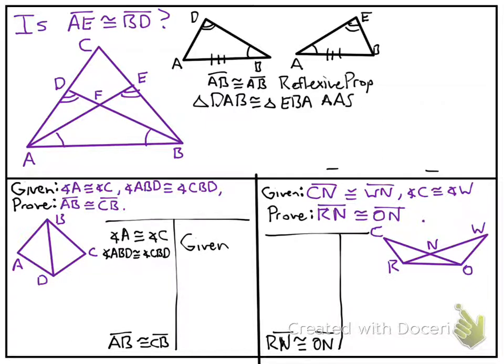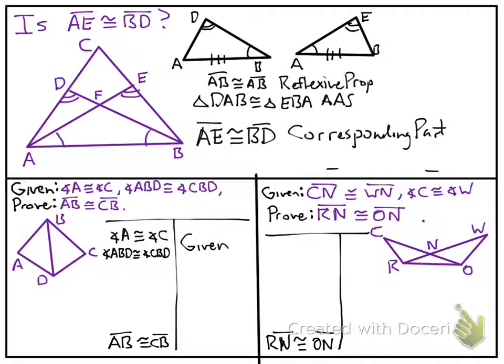Now once I have those congruent, I can say that AE is congruent to BD because corresponding parts of congruent triangles are congruent. Now that's the informal way of the proofs that we're going to be looking at.